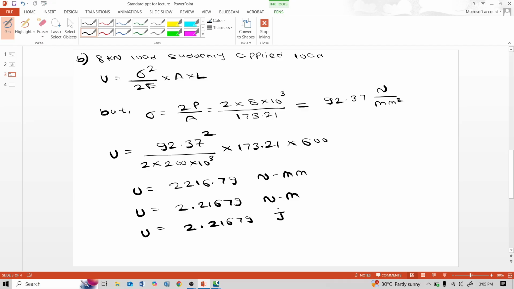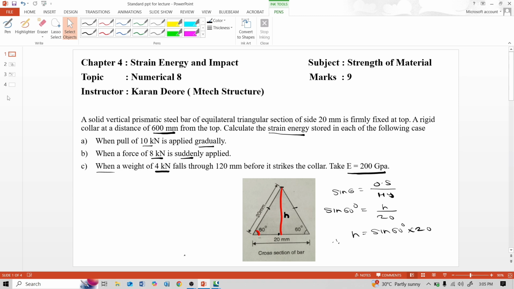Joule is the unit of energy. And the third case is for impact load: 4 kilonewton falls through 120 mm.